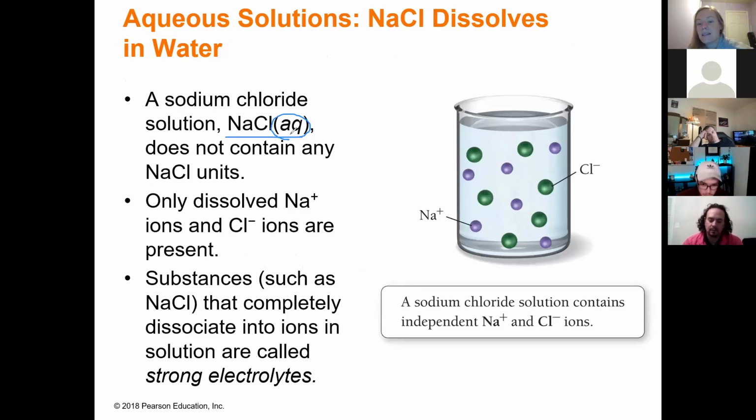That means I'm going to have Na pluses and Cl minuses floating around in the solution. They break up into not just sodium and chlorine, but the sodium ion and the chlorine ion. So we have a bunch of ions floating around in solution. Sodium chloride completely dissociates. That means that every sodium and every chlorine breaks apart. This makes this solution known as a strong electrolyte solution.